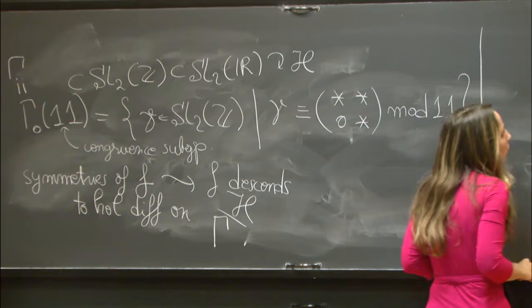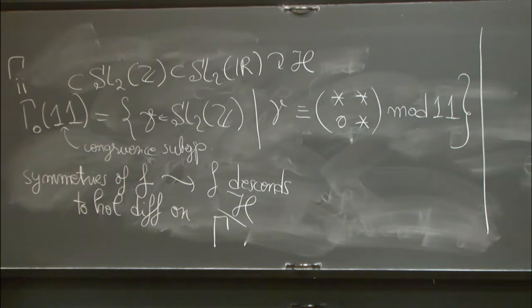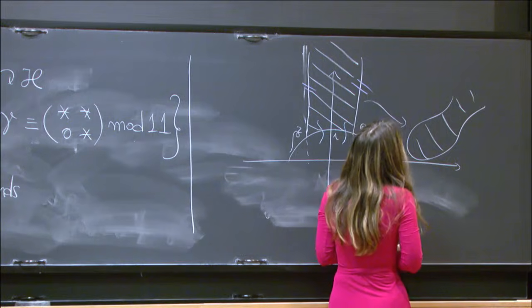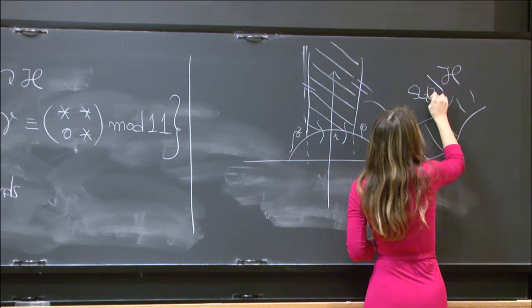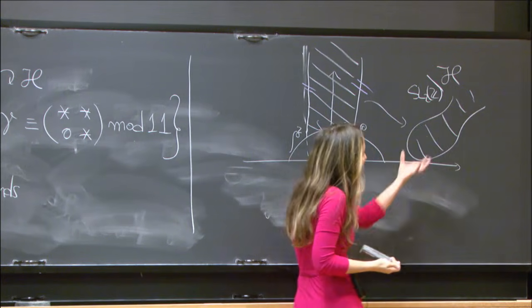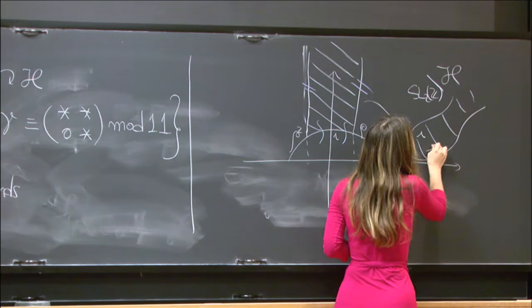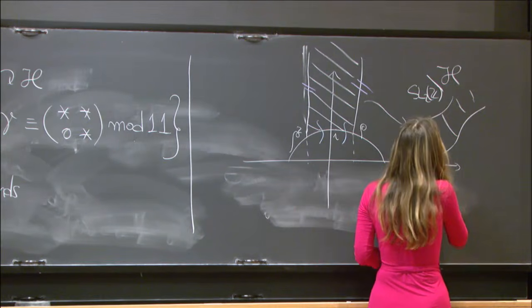And in order to think about the quotient H mod SL2Z, what you need to do is identify this side with this side, and this side with this one. And then your quotient looks something like this. It's not compact. It's like the punctured Riemann sphere, except it's not really a manifold.